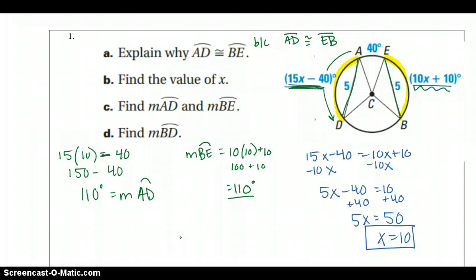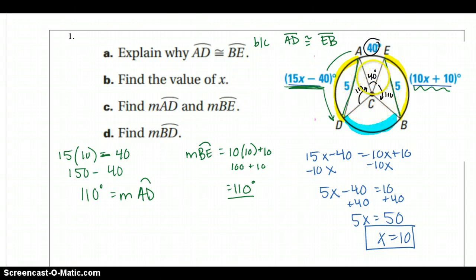Alright, last part, find the measure of BD. So we're finding this arc here. We don't know anything about this arc. We don't have a corresponding arc. So how are we going to find it? Well, notice that we know the measure of all the other arcs that make up the circle. We know this arc in here is 110, this one is 110, and this one here, we know, is 40.